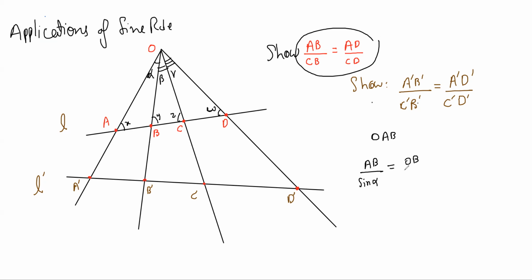OB by sine X, and let's also write this: OA by sine Y. Is it okay if I write sine Y? Because sine of 180 minus Y and sine Y are the same. That's another good thing.